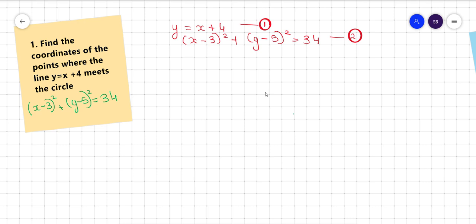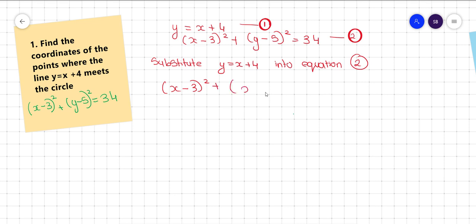Now substitute y equals x plus 4 into equation 2. (x minus 3) whole squared plus (x plus 4 minus 5) whole squared is equal to 34.